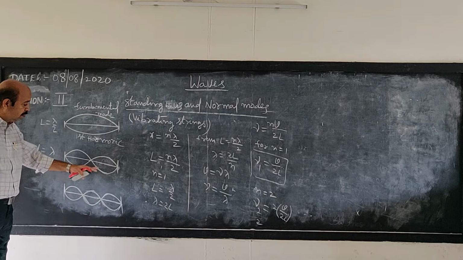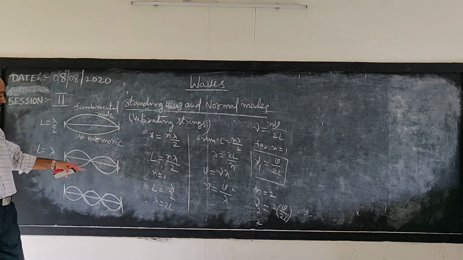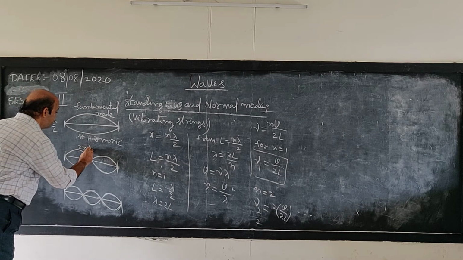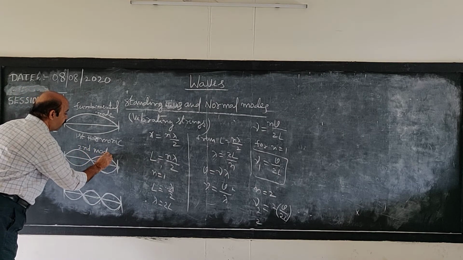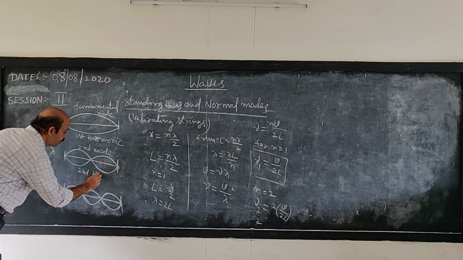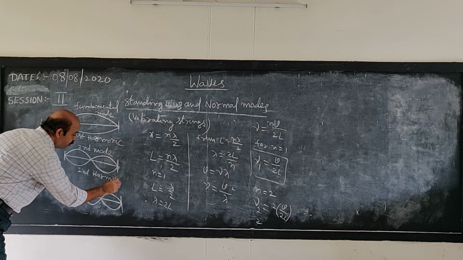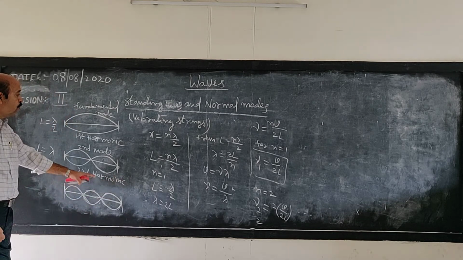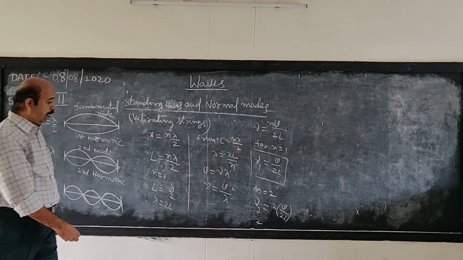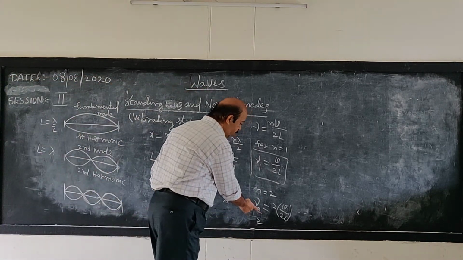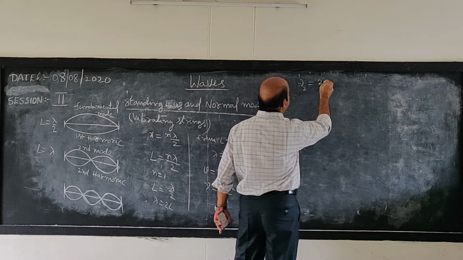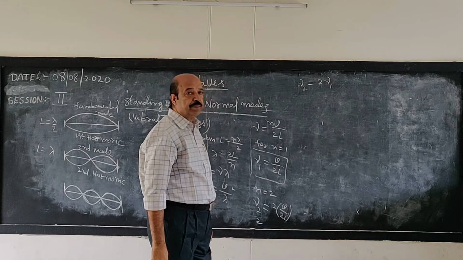In such a case, the vibration of the string is said to be the second mode, or second harmonic, which is 2 times the frequency of the fundamental mode. You can see from this formula that the second mode frequency is 2 times the fundamental frequency.